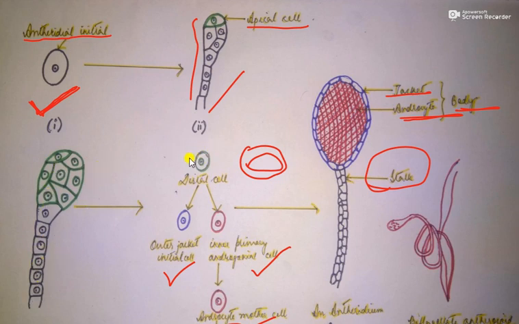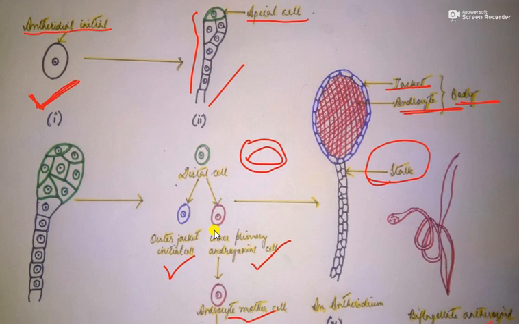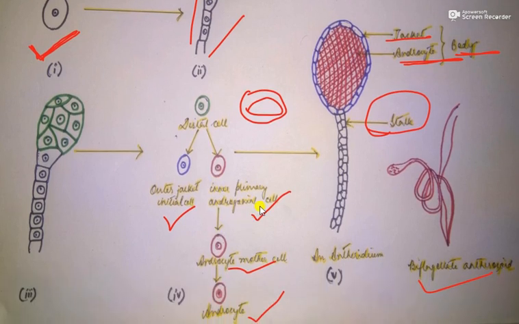Each of the distal cells will divide to form an outer jacket initial cell and the inner primary androgonial cell. The inner primary androgonial cell will again divide to form the androcyte mother cell.